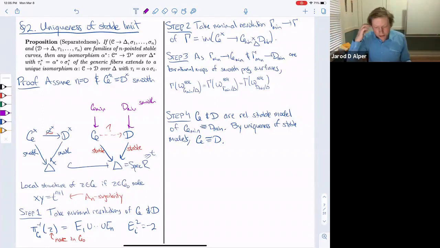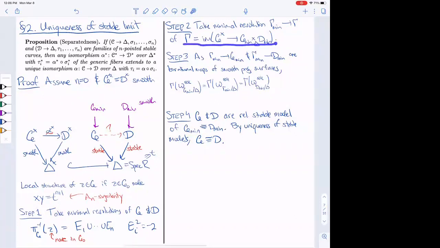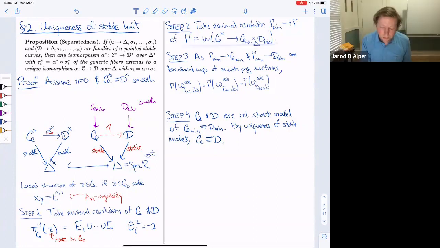The strategy here is you take the closure of the image of the graph, and then take a minimal resolution of that. That gives us gamma min mapping to both of these, where everything here is smooth.